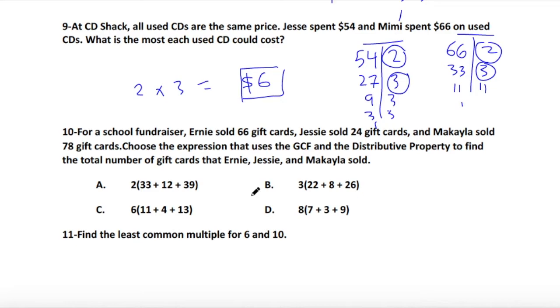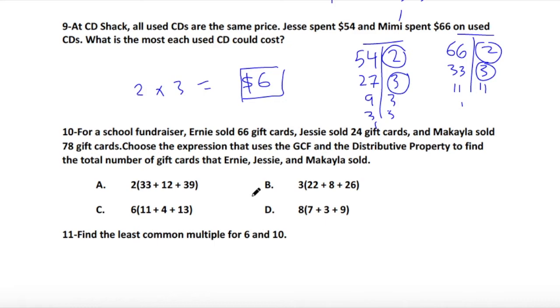Next one. For a school fundraiser, Erin sold 66 gift cards. Jesse sold 24 gift cards. And Michaela sold 78 gift cards. Choose the expression that uses the GCF and the distributive property to find the total number of gift cards that Erin, Jesse, and Michaela sold.